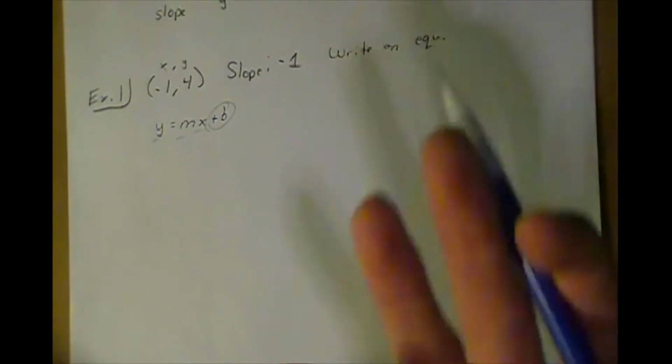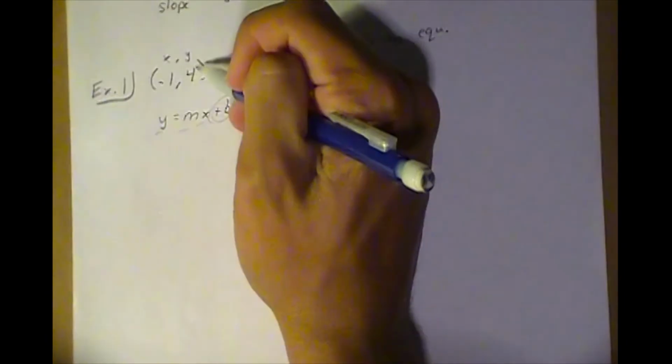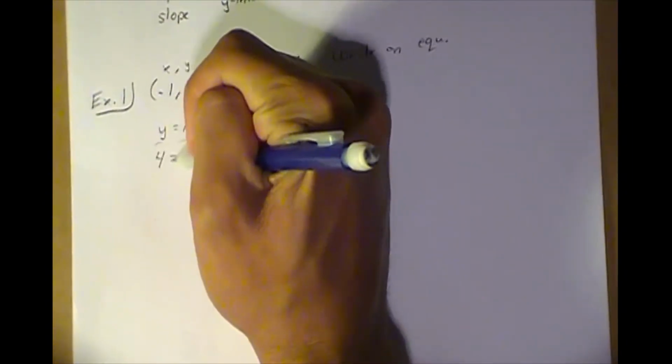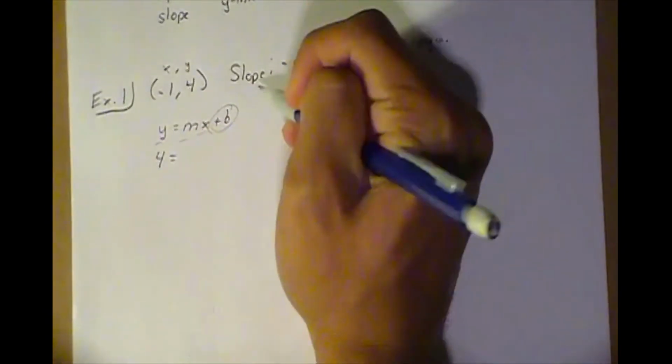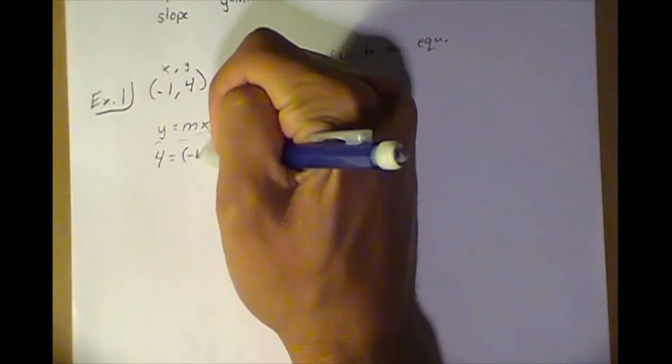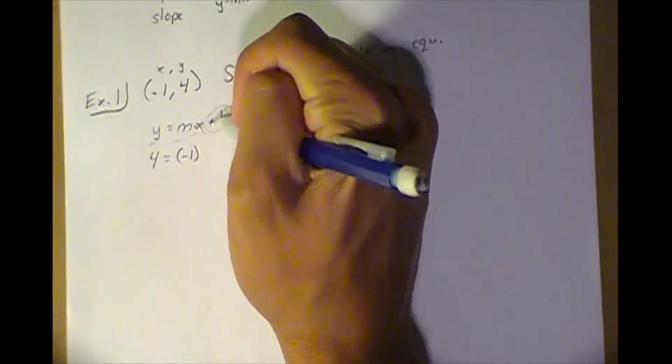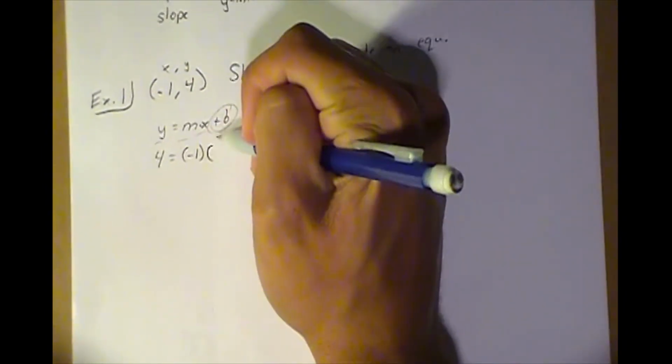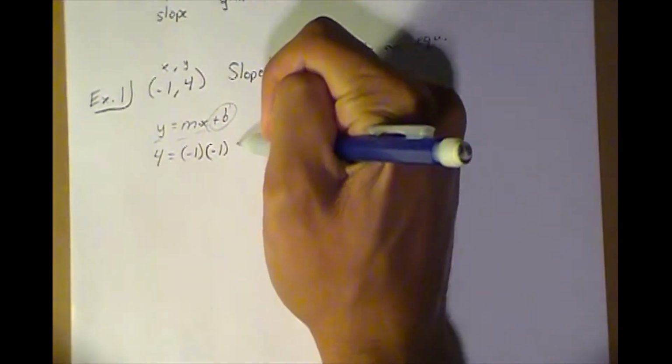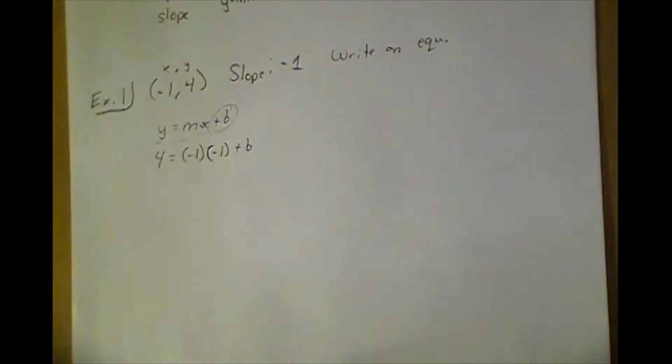Let us begin with just plugging numbers in. The 4 in the pair is the y, so 4. We know that the slope, or m, is -1, and that's being multiplied by the input value, or x, which is also -1, plus b.